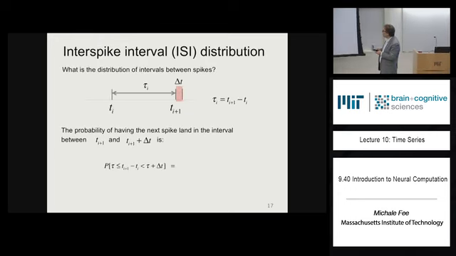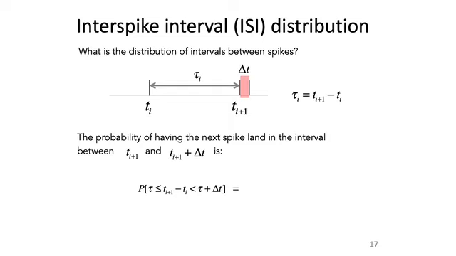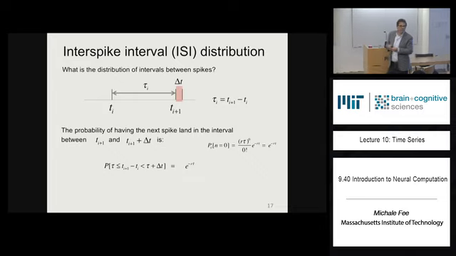Good. So the probability of having no spikes in that interval is e to the minus mu t, or e to the minus R t, if we're using R for rate now. Now, what is the probability of having a spike in that little window right there?